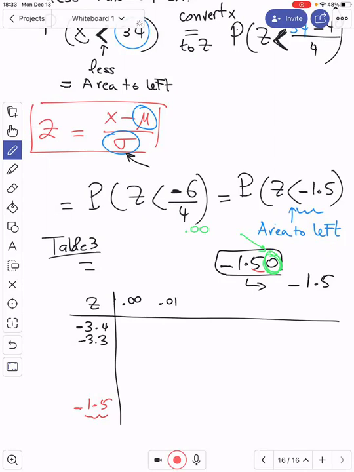For example, let's say you have a different number, say negative 1.57, okay? Then you're going to need negative 1.5, and the nearest hundredth would be the 7, so 0.07, okay?